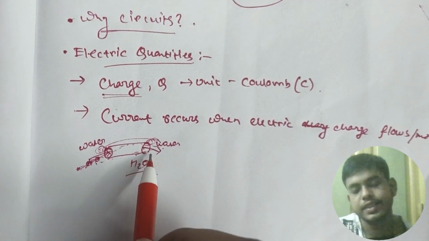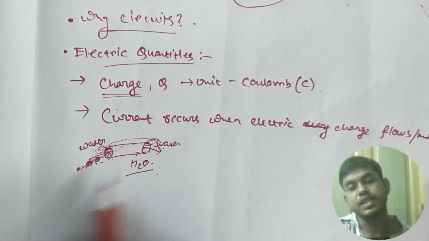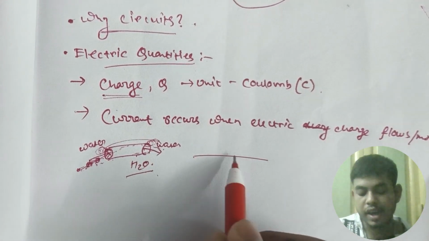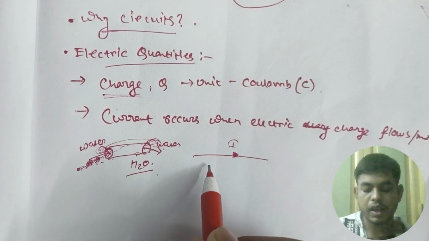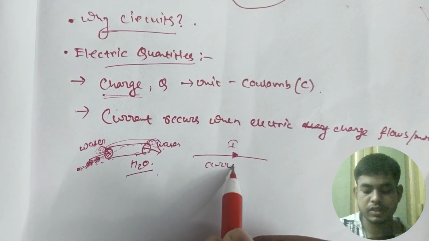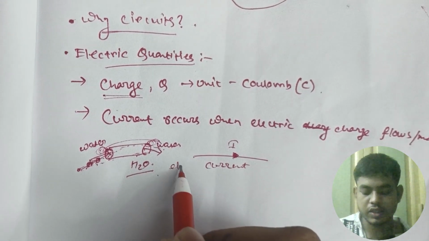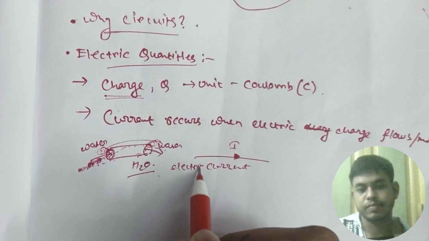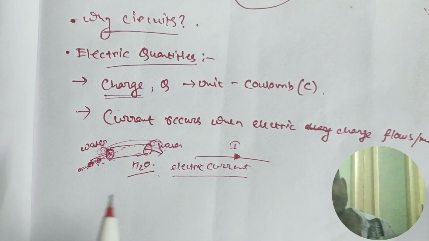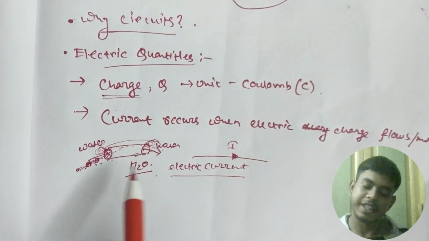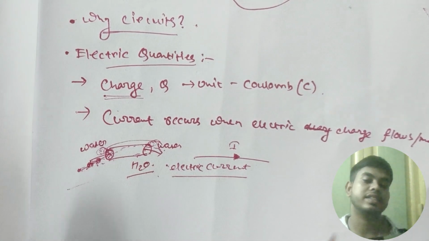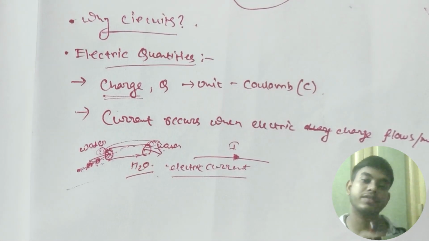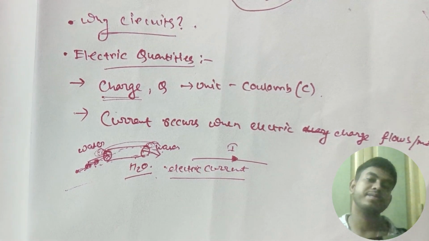So this is how in a wire charges flow, and that is known as electric current. So in a pipe, water current flows. Inside a wire, electric current. And charges flow inside a wire.